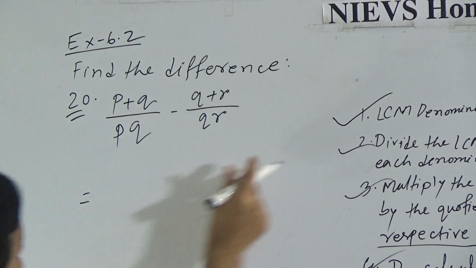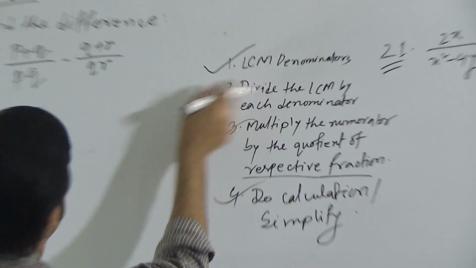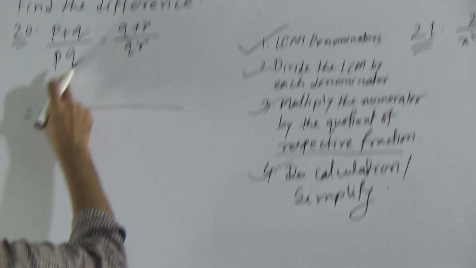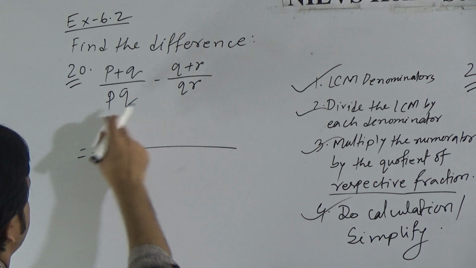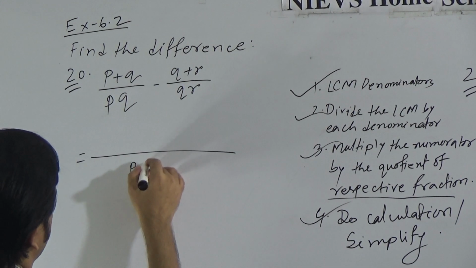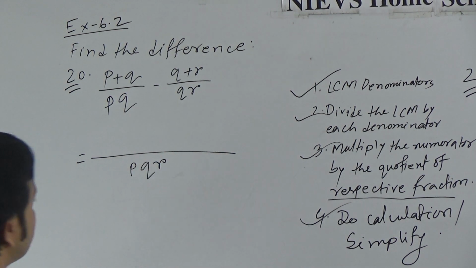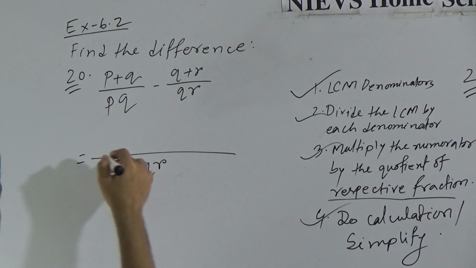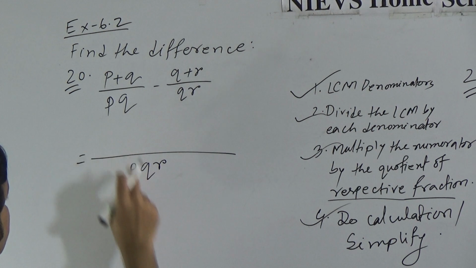To find the difference, at first we have to take the LCM of the denominators. The denominators here are PQ and QR, so the LCM will be PQR. Now we have to divide the LCM by each denominator.